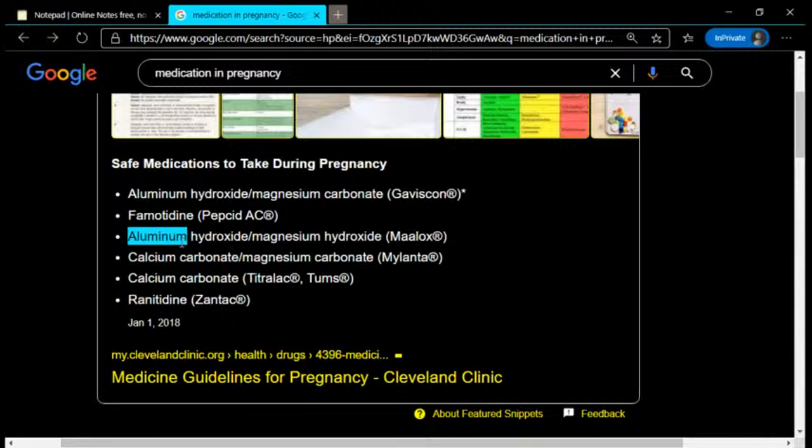We have aluminum hydroxide, magnesium hydroxide, called Maalox, simethicone, magnesium carbonate, Mylanta, and calcium carbonate, Tums, and last is ranitidine, a very important medication in pregnant women that should be taken, and it is safe for pregnant women to use ranitidine medication.